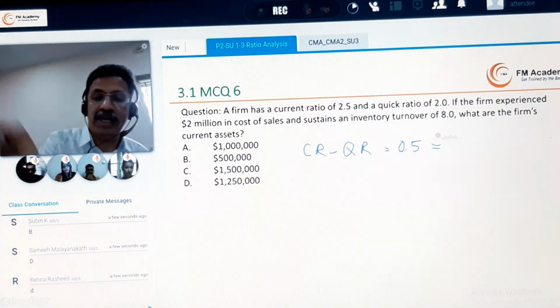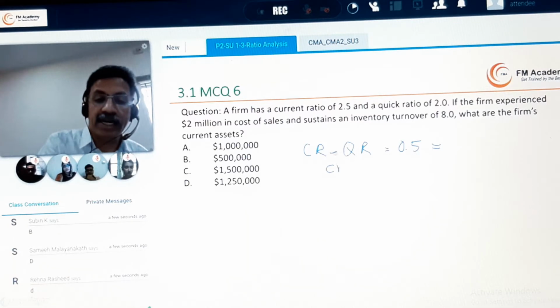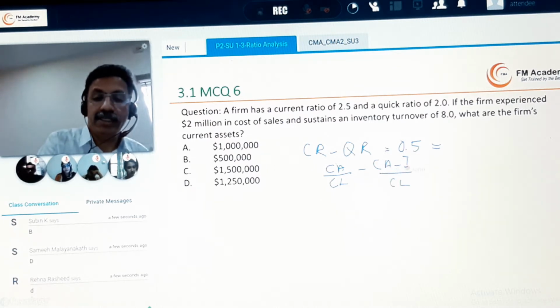If you have forgotten that, you can just derive it. Current ratio is current assets divided by current liabilities. Quick ratio is current assets minus inventory divided by current liabilities, right? So this difference is given as 0.5. Meaning current assets minus current assets plus inventory is equal to 0.5 current liabilities.